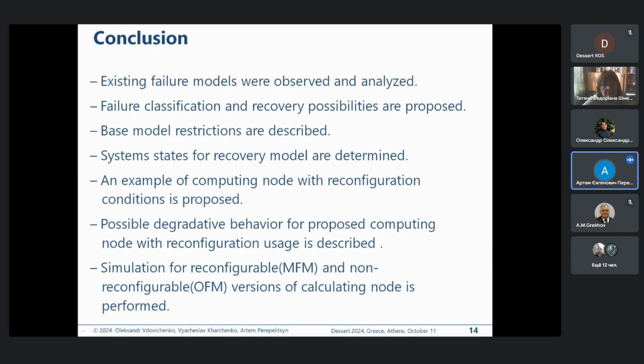Let me add a few examples to clarify the area of possible applications. We analyzed in this research that the intensity of faults for microcontrollers is many times less than the intensity of possible faults of the PCB, the printed circuit board.